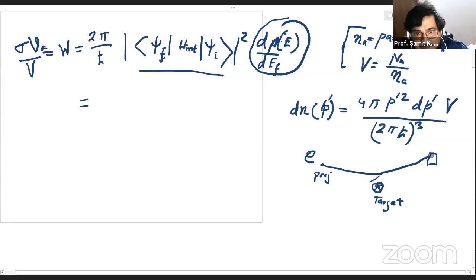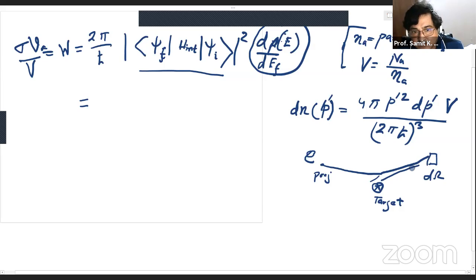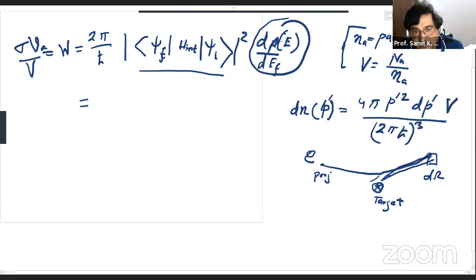Each detector has a finite solid angle, denoted by d omega, the angle subtended by the area of your detector at this point. If the distance from here to here is r and the surface area of the detector is A, then d omega is equal to dA by r squared.